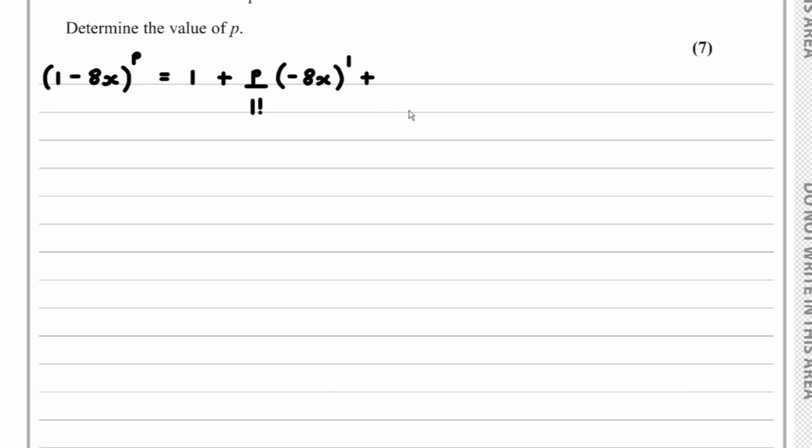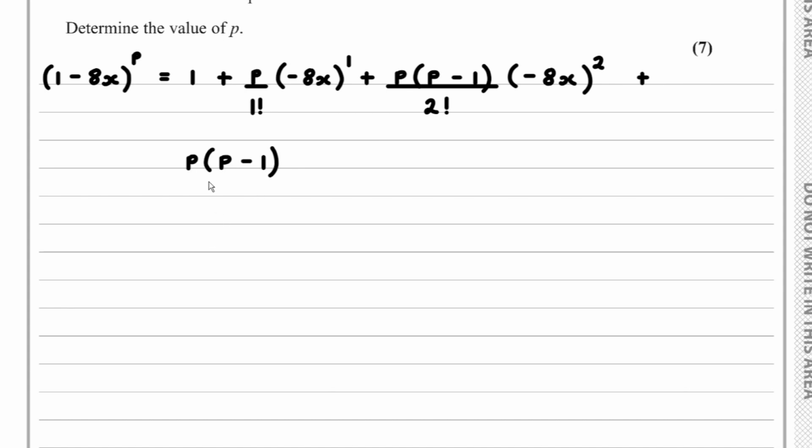For the next term, we have p(p − 1) over 2 factorial multiplied by (−8x) squared. For the next term, we have p(p − 1)(p − 2) divided by 3 factorial multiplied by (−8x) cubed. And then we have higher order terms.